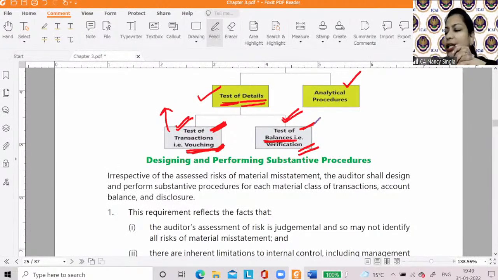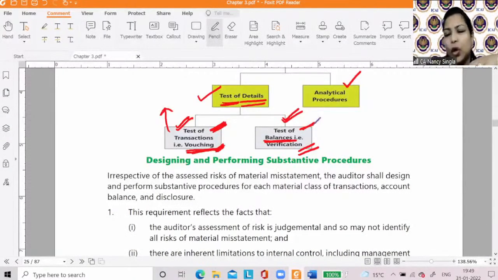Now tell me, if the internal control are not good, when auditor performed test of controls and he found that the internal control are not good, tell me, will only performing the analytical procedure be sufficient? Okay, ratios etcetera all calculated, will it give the correct result?